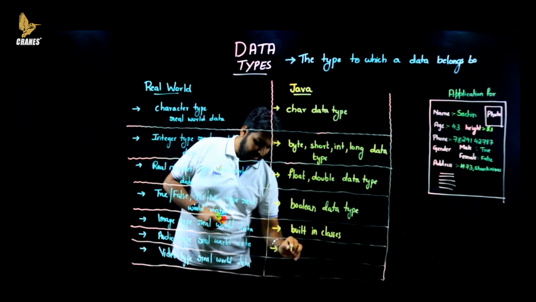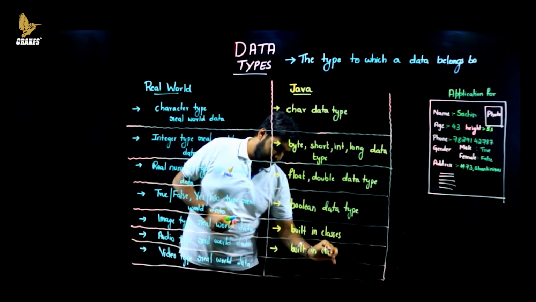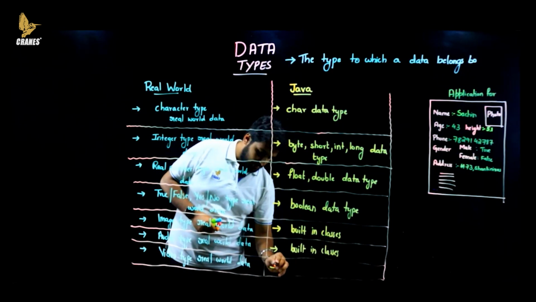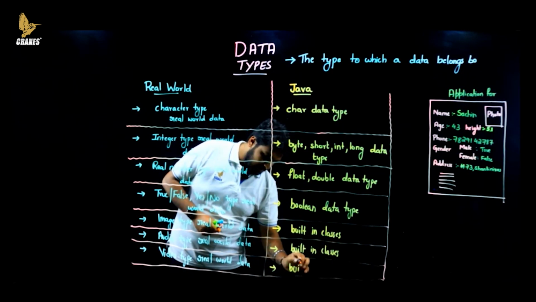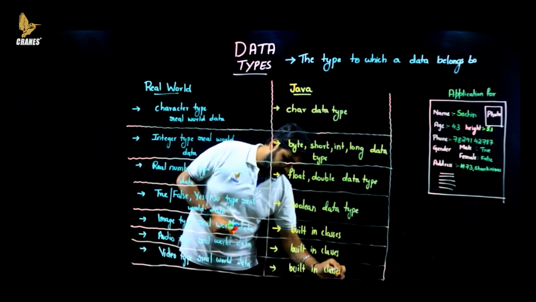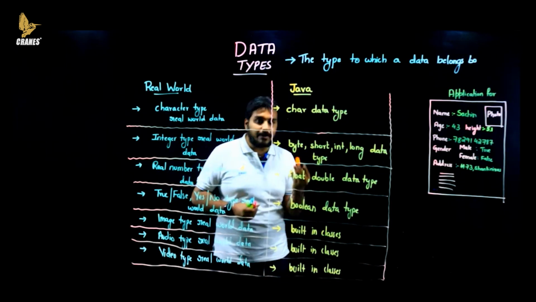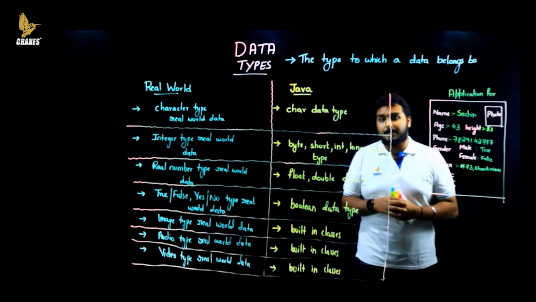This also has some built-in classes. For this also it provides built-in classes. So these are the things that are provided by Java in order to represent the real world data.